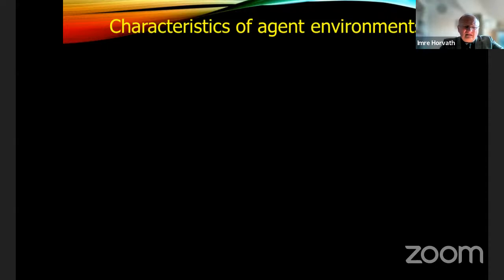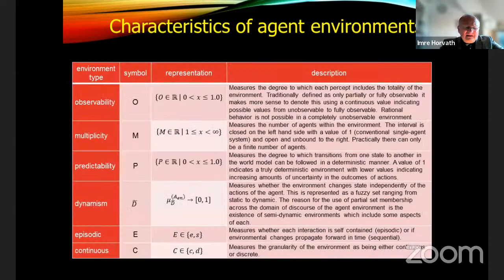Then we need to talk about the characteristics of the agent environment, and unfortunately now I'm pressed by time, and most probably I will not be able to go through all the descriptions, but I would like to mention at least that these characteristics are observability, multiplicity, predictability, dynamism, episodicness, and continuity.